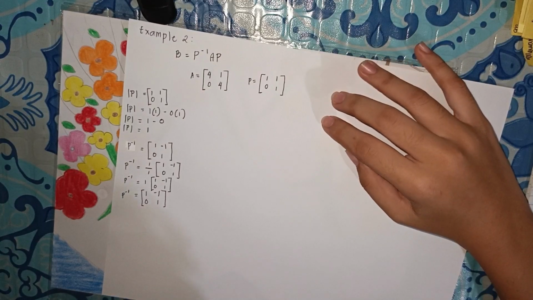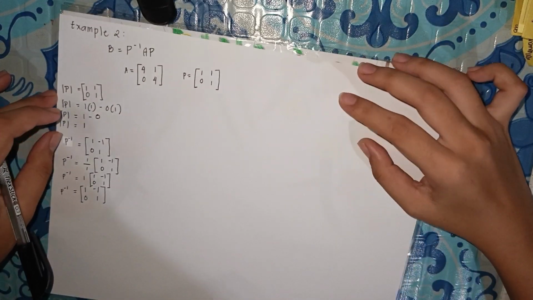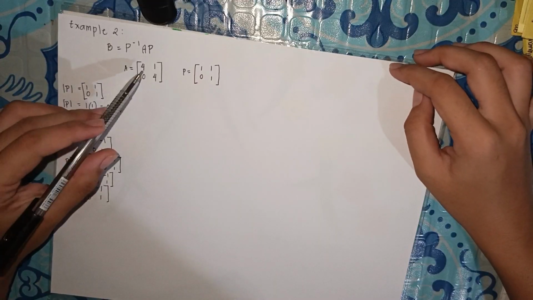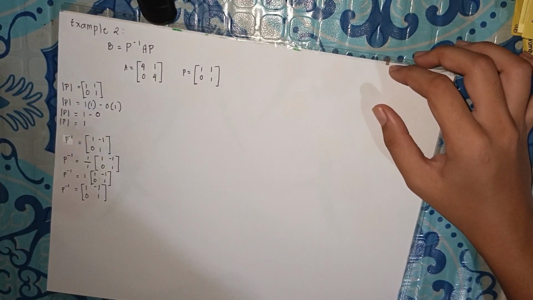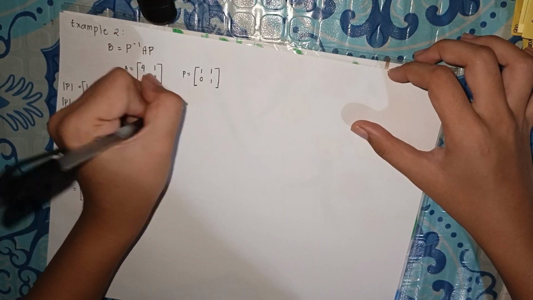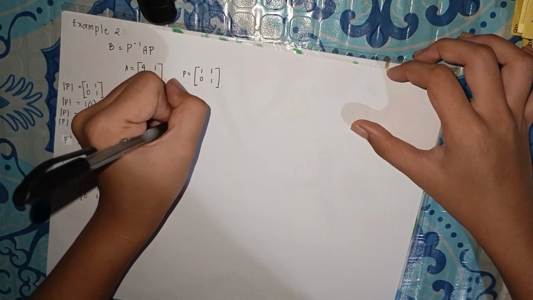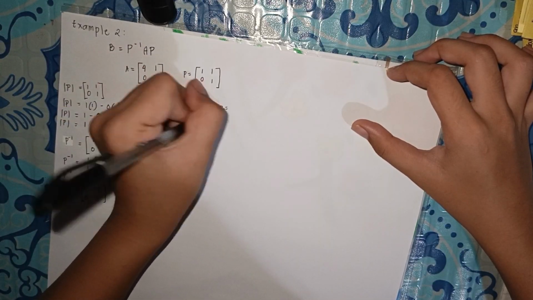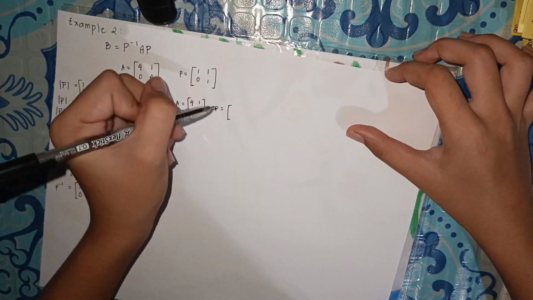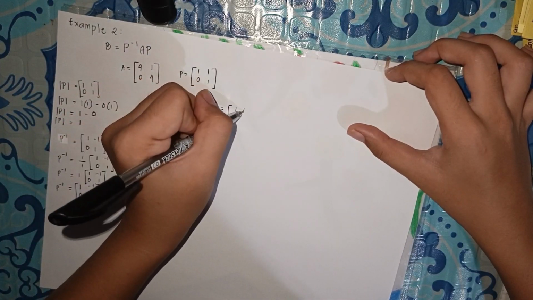Now, let's proceed to multiplying matrix A and matrix P. So, A is equal to 4, 0, 1, 4. Then, P is equal to 1, 0, 1, 1.